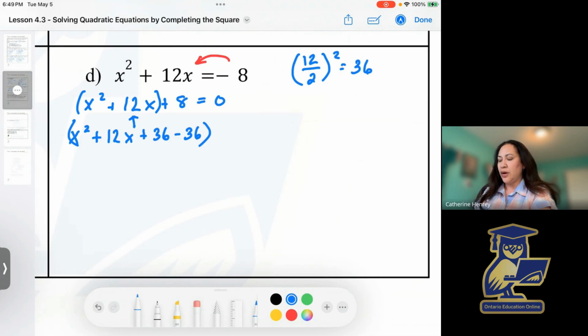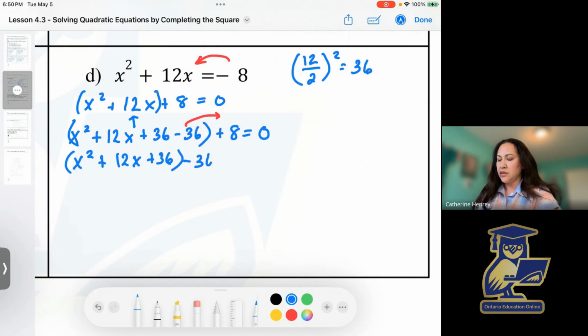I still have a positive 8 on the outside of the bracket, and the whole equation is equal to 0. I want to move the negative 36 out of the bracket. I don't have an alternate coefficient to worry about, so x squared plus 12x plus 36. And I move the minus 36 out, and we'll have to add 8 to it.